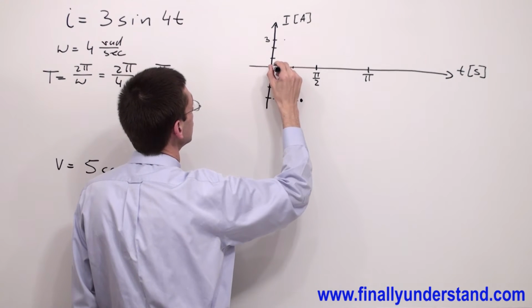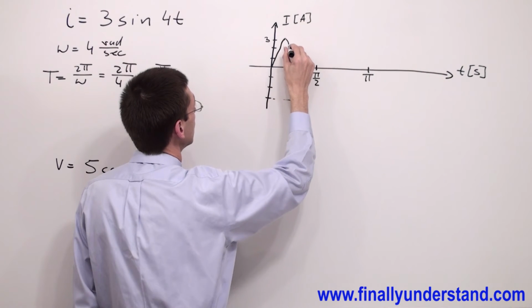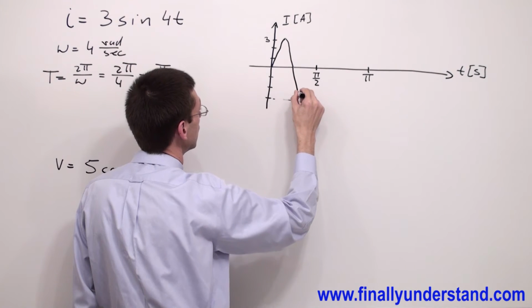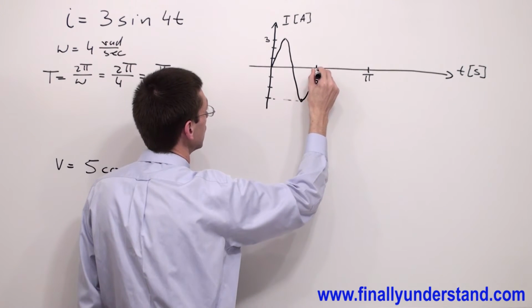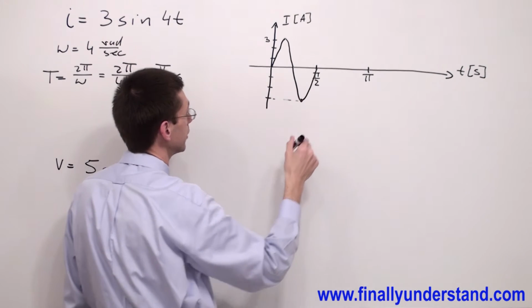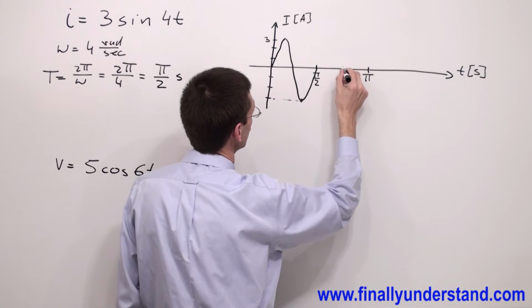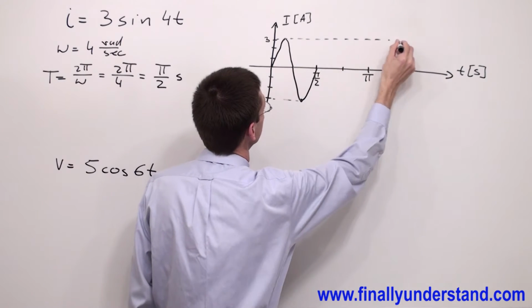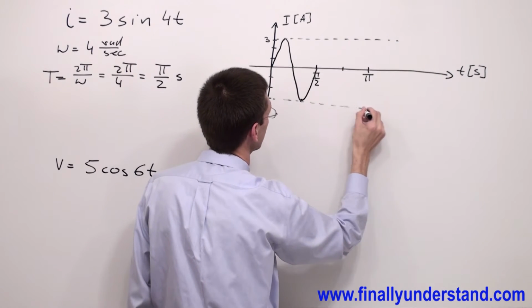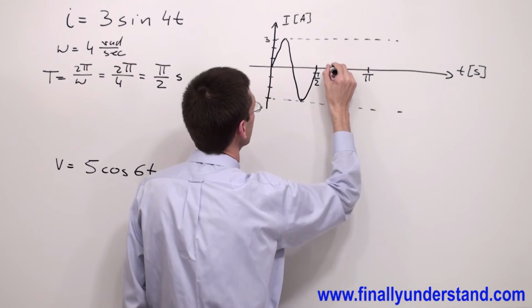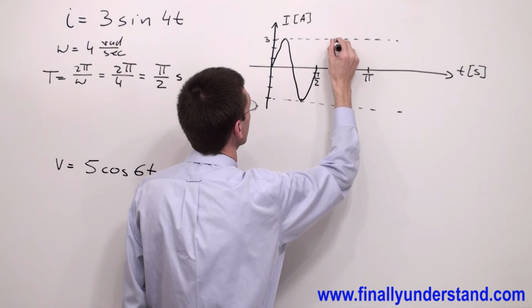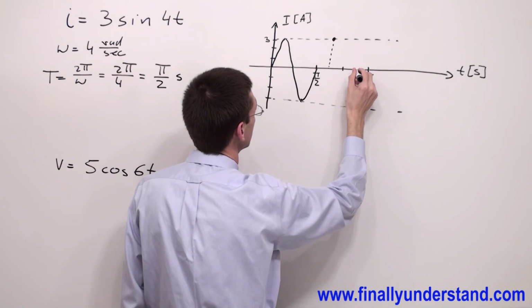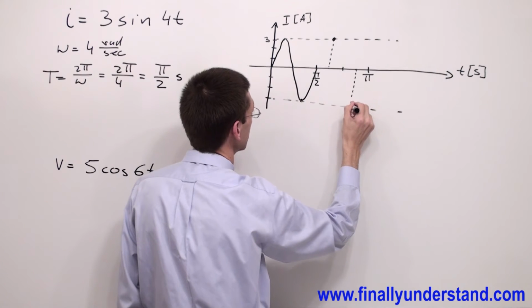Now connect these points and you'll have this. This is one cycle, and the problem requires 2 cycles. That's why I'm going to draw a second cycle. This is going to be my positive peak, and this is going to be my negative peak.